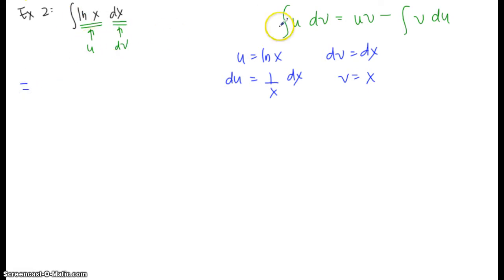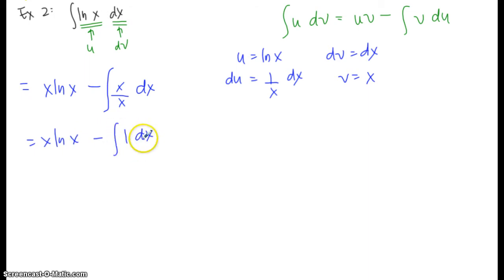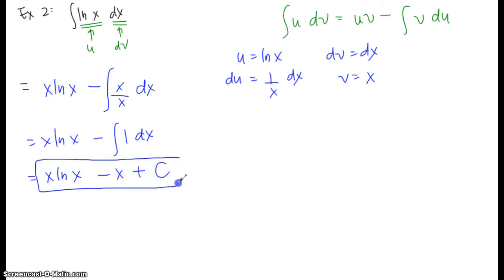So if this is u dv, it's going to equal uv, x natural log x, minus the integral of v du. And notice again, the derivative of one function with the antiderivative of the other made the second integral a lot easier. The antiderivative of 1 is just x. And then I add my plus c. It's an indefinite integral.